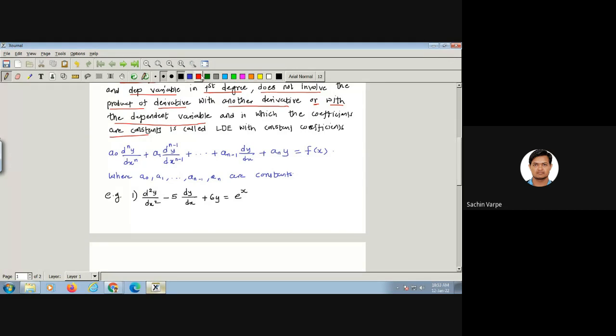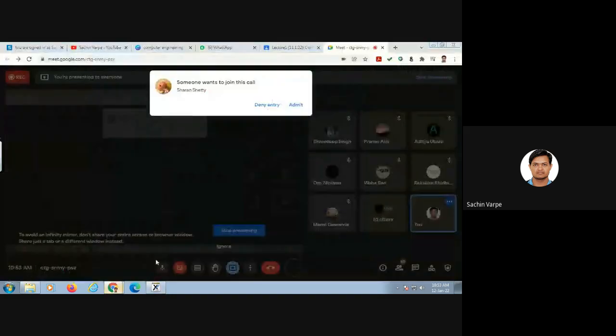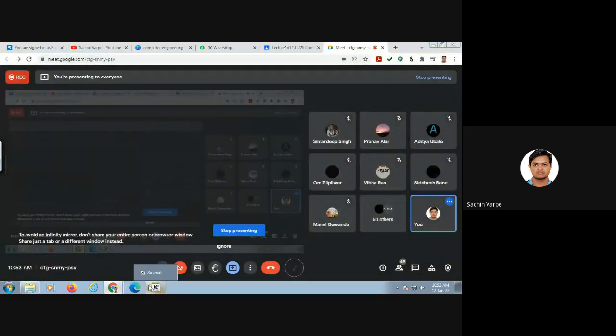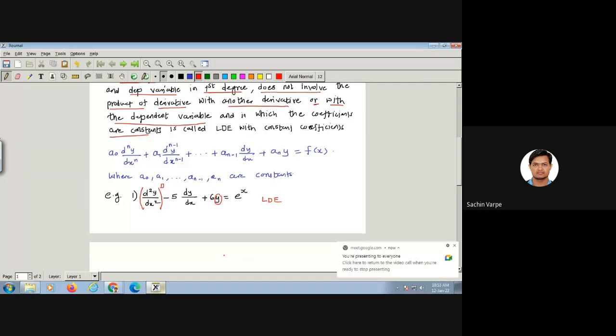And if we check its exponent, that is 1 only, isn't it? So it is linear, and you can observe there is no product of the dependent variable and its derivatives anywhere, and there is no product of two derivatives either. So this is a linear differential equation with constant coefficient. Clear to everyone?